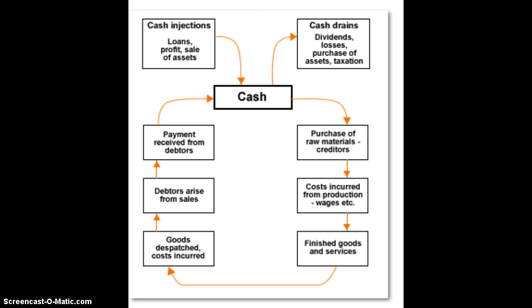So, what are the types of assets that a business can have? For one, they can have stock, which is basic goods of raw materials, semi-processed goods, and also finished goods. The second type are debtors. So these are people or organizations that owe money to the business.